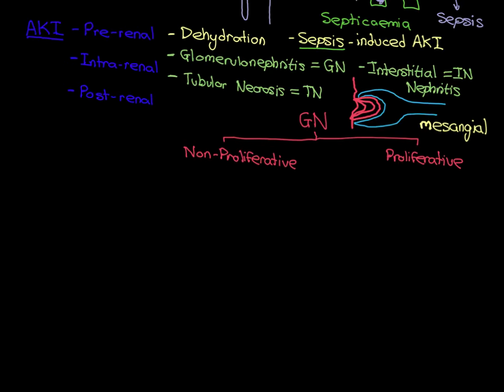And I should say that the way in which you distinguish between these different forms of glomerulonephritis that come under each of these headings, non-proliferative and proliferative, is done by very, very clever people, histopathologists. And in order to make these sort of diagnoses, you need a renal biopsy. So you need to have put a little needle into one of the kidneys. Usually they go through the back.